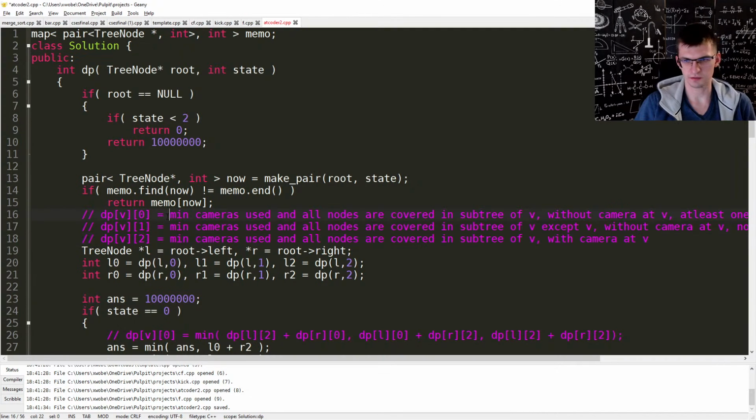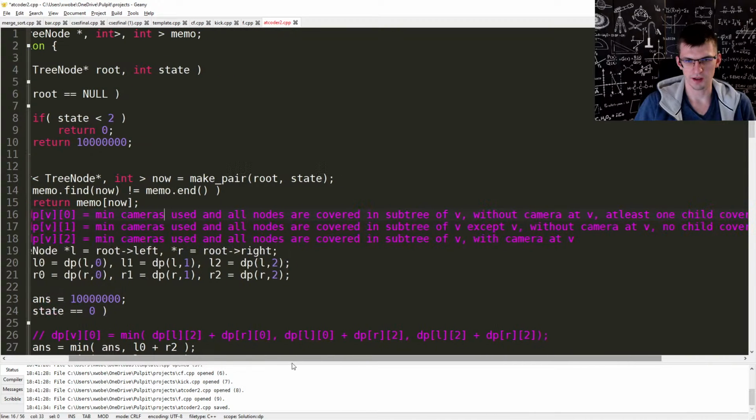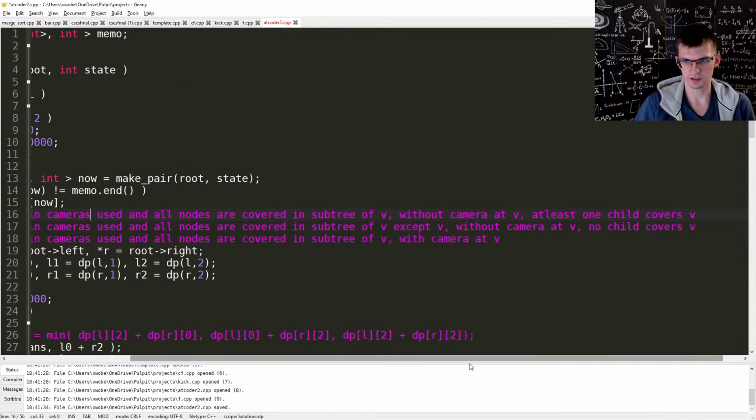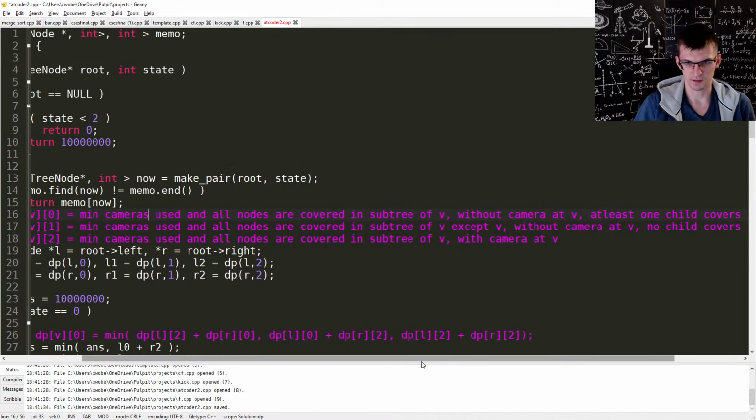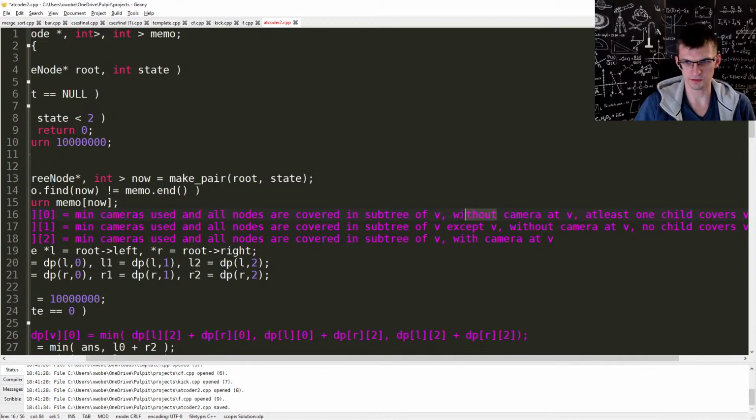DP of v, 0: min cameras used such that all nodes are covered in the subtree of v, without a camera at v, and at least one child covers v. Let's read that again. So no camera at v. I will make it a bit shorter.